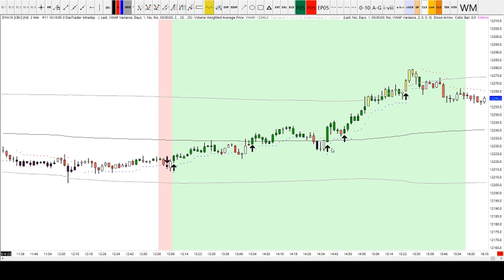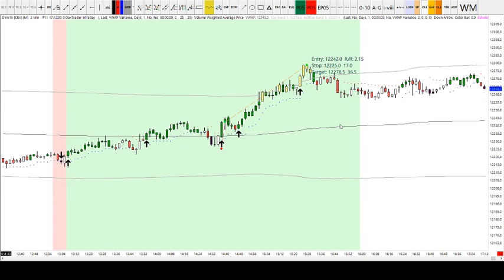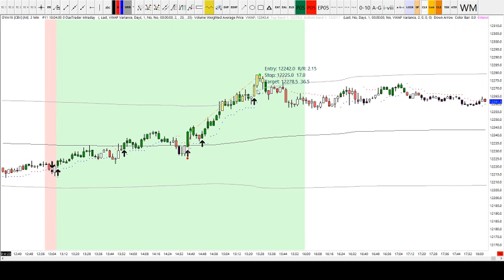And then the final one would have been this one here, which you would have been able to ride more than likely all the way up to your target, or at least quite a few points, depending on what you were after. You would have more than likely got out as price changes over here. So simple strategy when you've got the overlay on the chart.